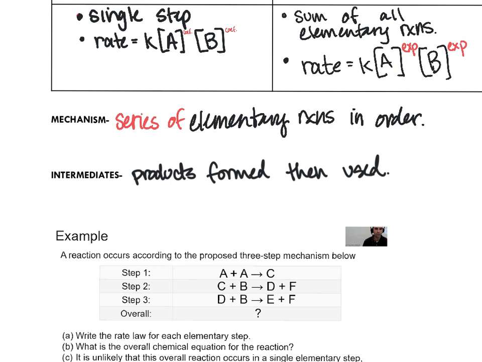So it's going to show up as a product, and then later on in the mechanism, it'll show up as a reactant. Overall, it is not participating. We could consider it a spectator. We call it an intermediate because it is actually participating in a reaction, just not the overall reaction.